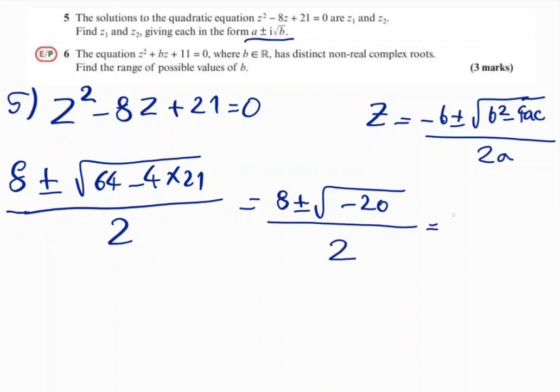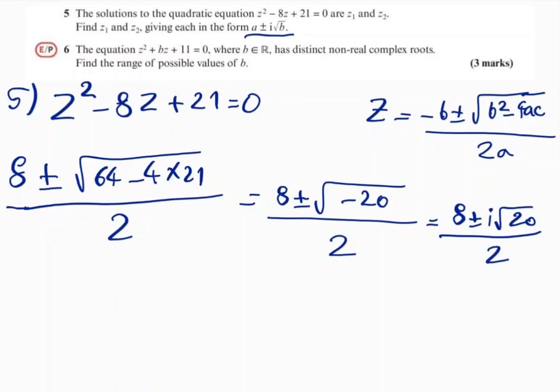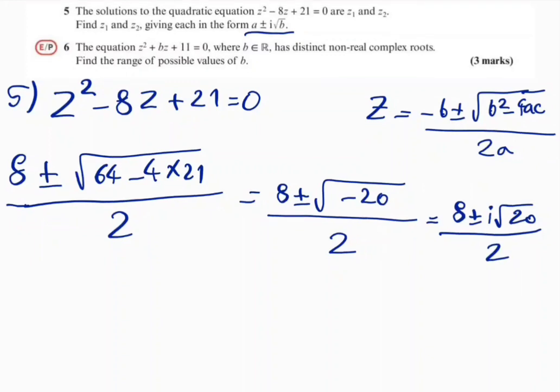And let's write root minus 20 as 8 plus or minus i root 20 divided by 2. But we are not done yet, because it's better to write 20 as 4 times 5, because 4 is a square number. And we can take the square root of 4, and then we will get a more simplified answer.